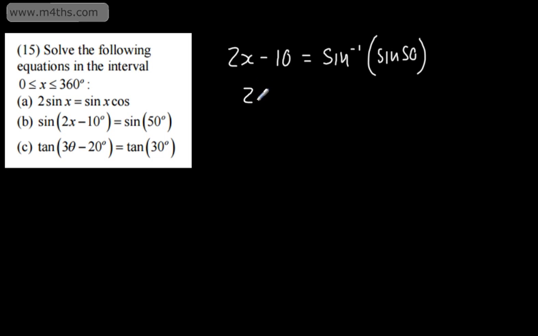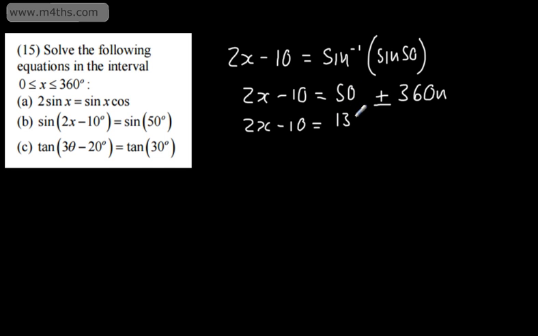So what we've got then is 2x minus 10 will be equal to 50 degrees plus or minus 360 degrees, so multiples. Then we've got 50 degrees back from 180 by symmetry, which is going to be 130, plus or minus 360.